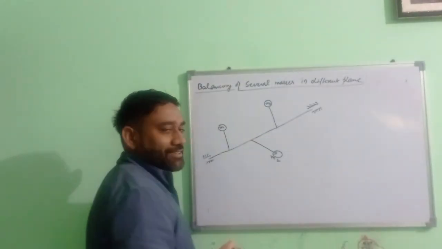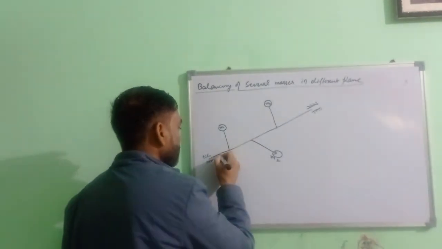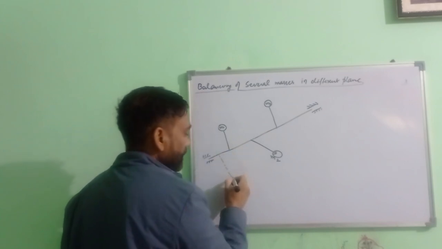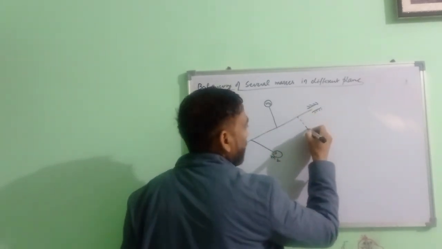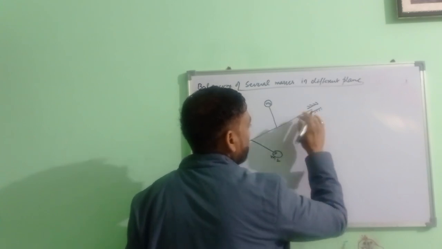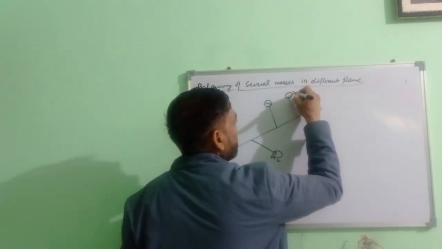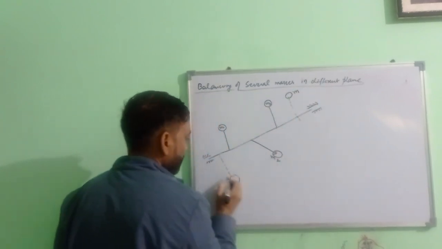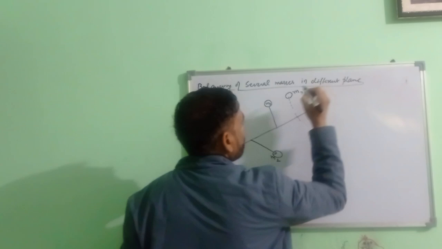So for balancing these unbalanced masses, we add a mass here and we add a mass here, in any direction: mb1 and mb2.